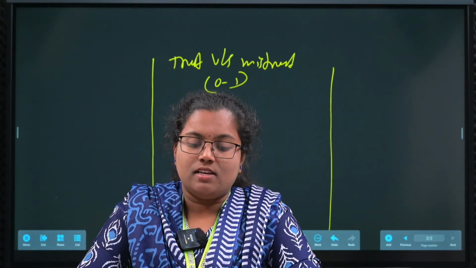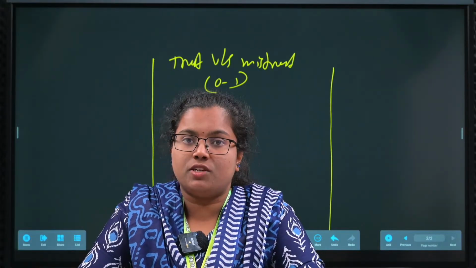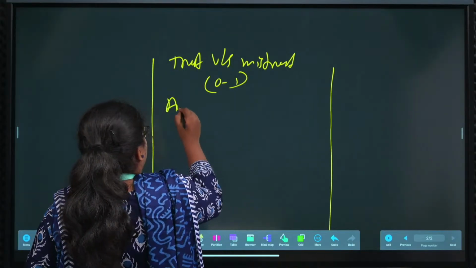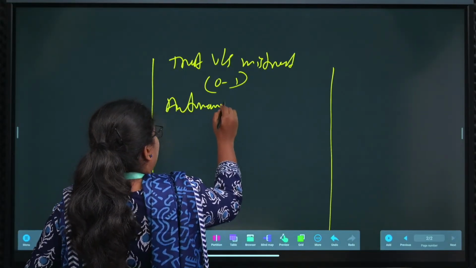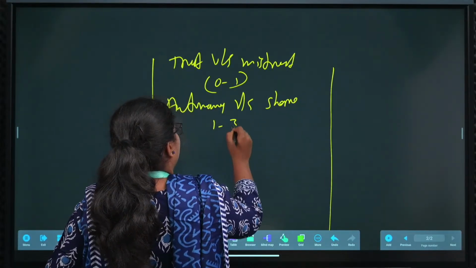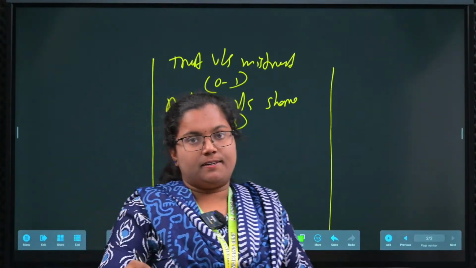The second one is autonomy versus shame. It will start from 1 year to 3 years.